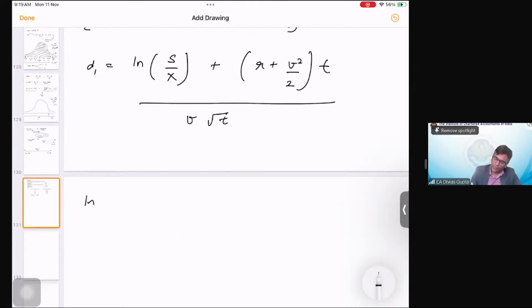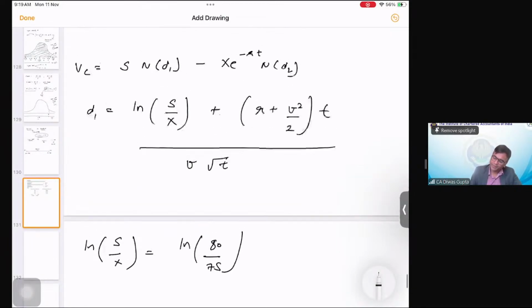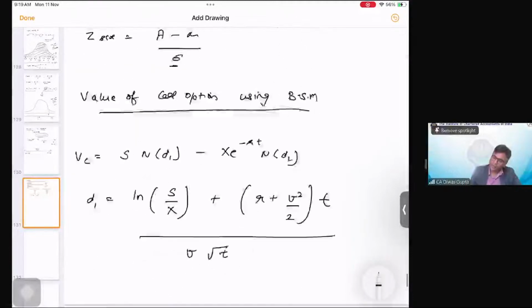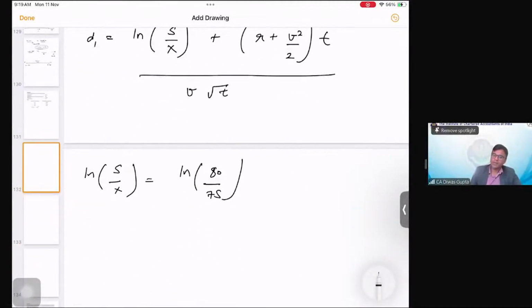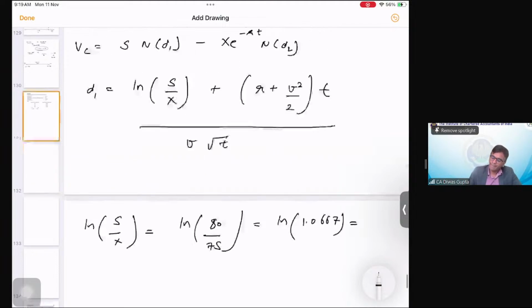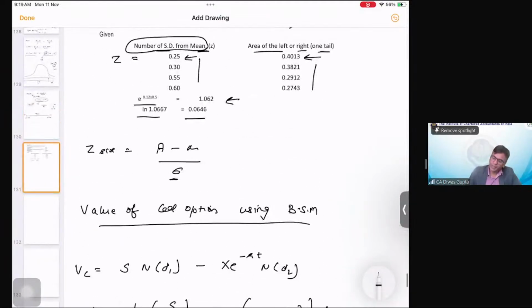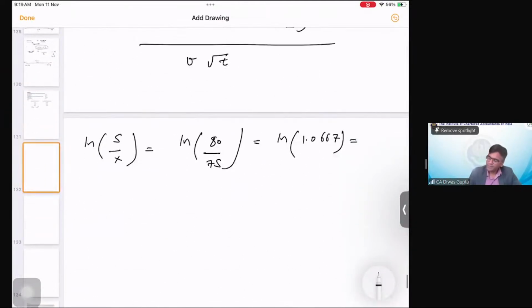Natural log of S by X is equal to natural log of spot price 80 and exercise price 75. This is given in the question, 80 by 75. Clear? So this will become natural log of 1.0667, which is given in the question, 0.0646.